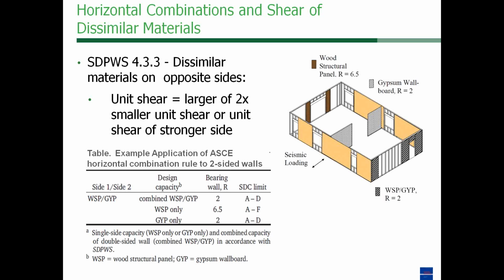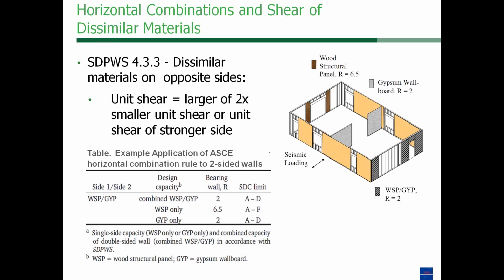But it really doesn't seem like it's that advantageous to utilize this rule in a lot of cases. I mean, I can see cases where you might have a lot of gypsum and you want to use the capacity of that stronger side with R equal 2, where that may be helpful.